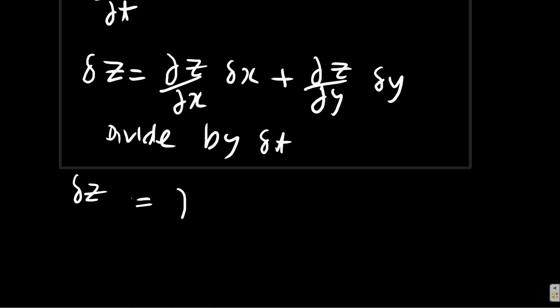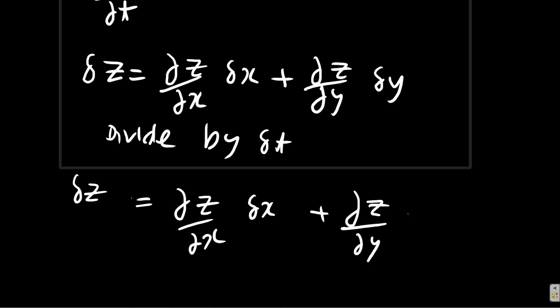Is equal to the partial derivative of z with respect to x times a small change in x plus the partial derivative of z with respect to y times a small change in y. We divide by a small change in t, so divide here, and we divide here. Good.